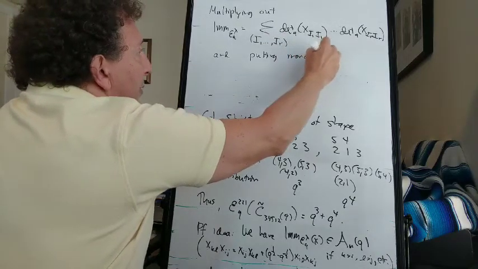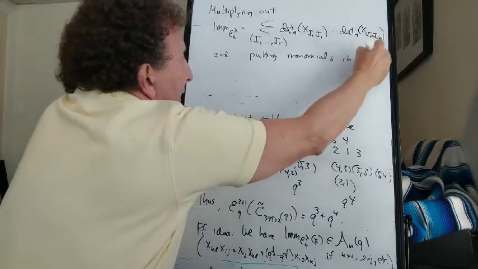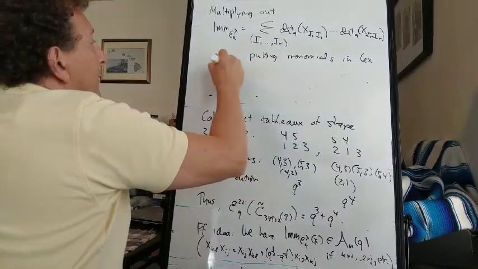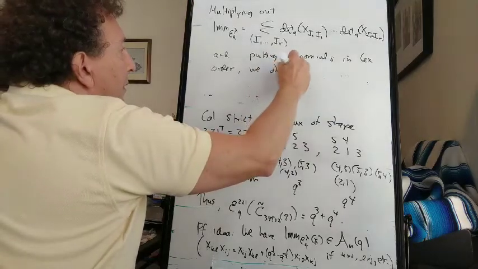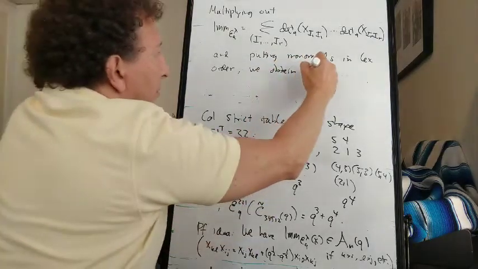So if we multiply that out and we put the monomials in lexicographic order, we obtain powers of q.